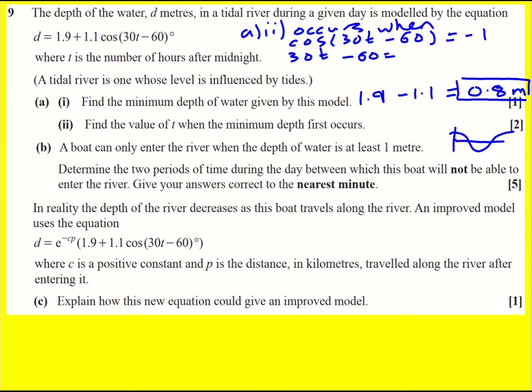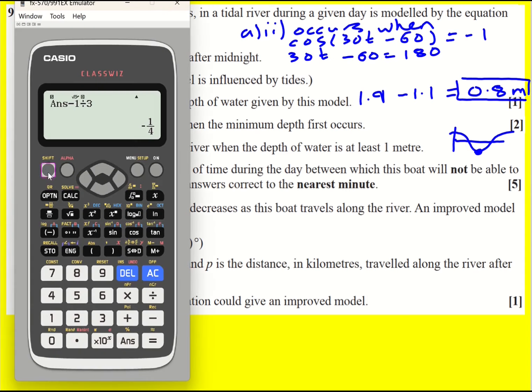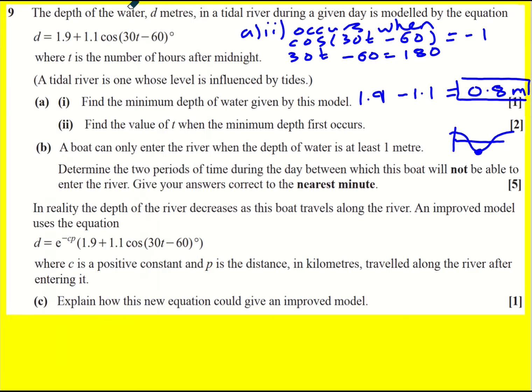But we're dealing with degrees here, so 180. It's probably easiest to put it in your calculator, just make sure it's in degrees. So then 30t is going to be 240, 3t is going to be 24, t is going to be 8 hours.